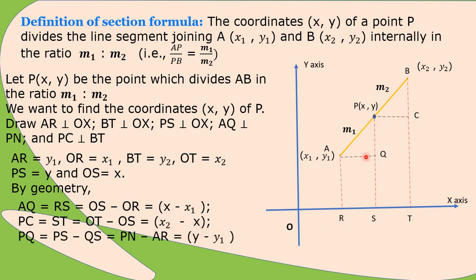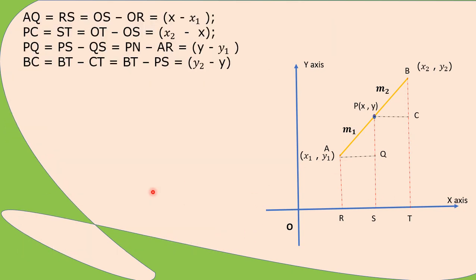Similarly PQ is PS minus QS, and QS is equal to AR, and AR is Y1. So we can say Y minus Y1 is the value of PQ, and the value of BC is the same, Y2 minus Y. In this way we have the values of these sides.